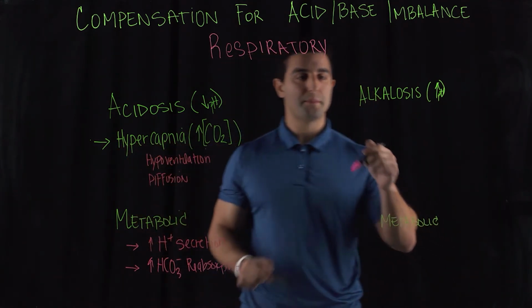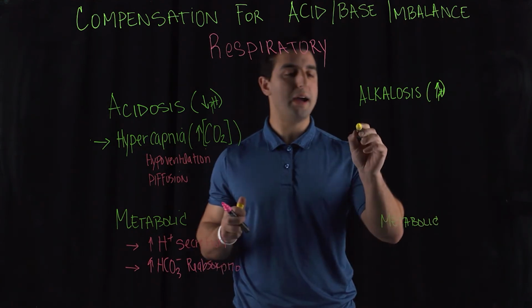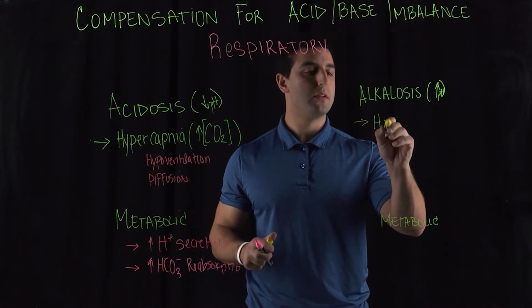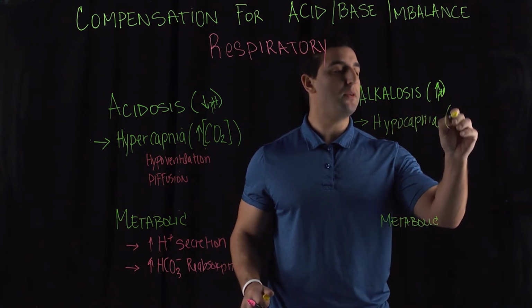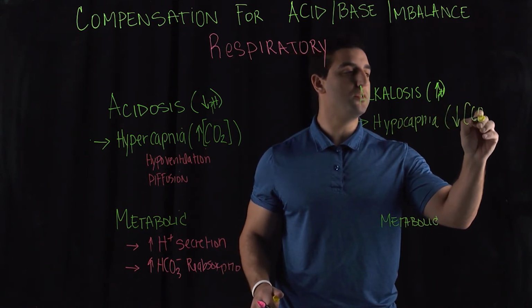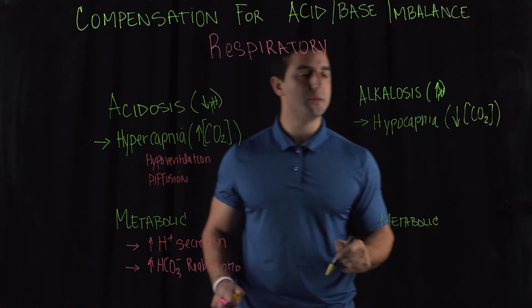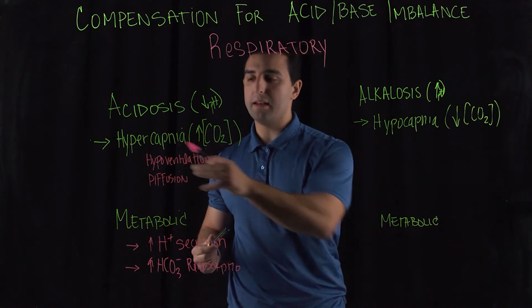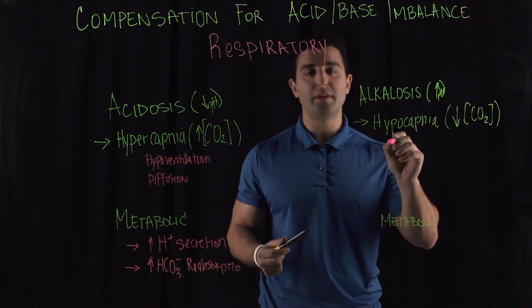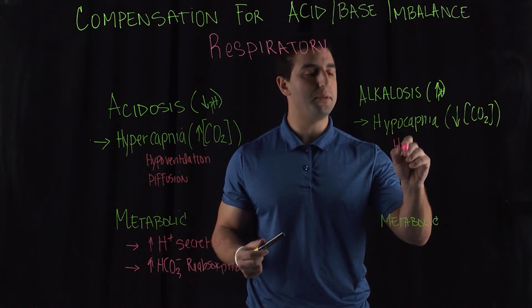Vice versa, a phenomenon called hypocapnia, right? This is a phenomenon where you have low CO2 concentration in your blood. This can be due to an abnormality in your ventilation rate. This is called hyperventilation.